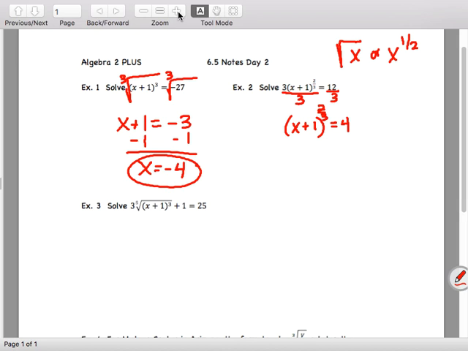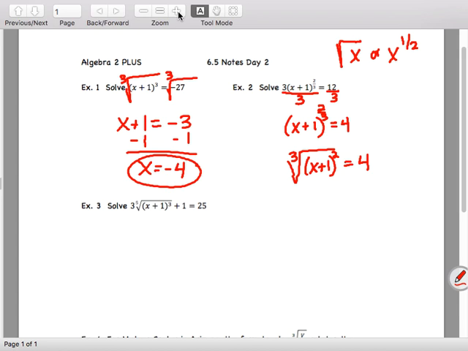So now, watch this. I'm going to rewrite this as the cube root of (x plus 1) squared equals 4. Just stay with me here. When you have a fraction exponent, remember I told you a silly story about a root cellar. So my root is in the basement, in the bottom of the fraction. So my root is 3.